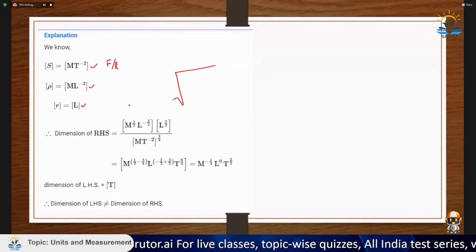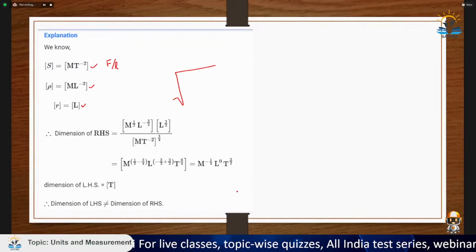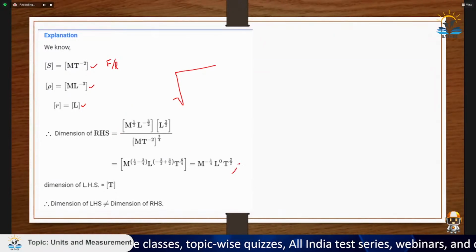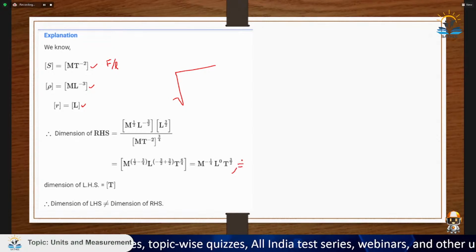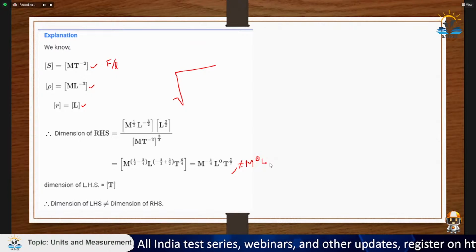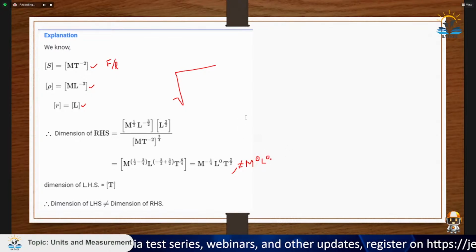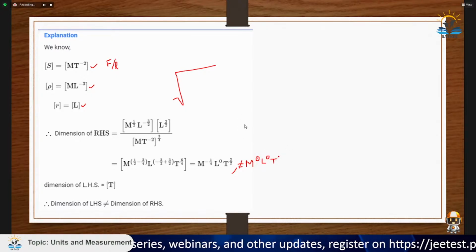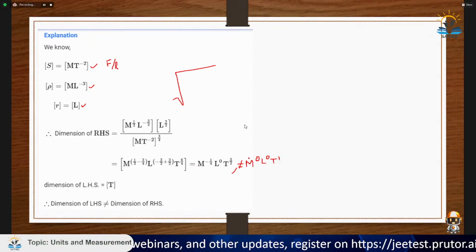So you calculate the dimension of RHS, you got it to be equal to this, and this dimension is not equal to the dimension of time, which is M0 L0 T1. So since both the dimensions are not equal, you can say that these two dimensions are not equal.